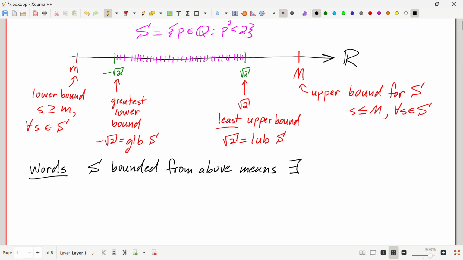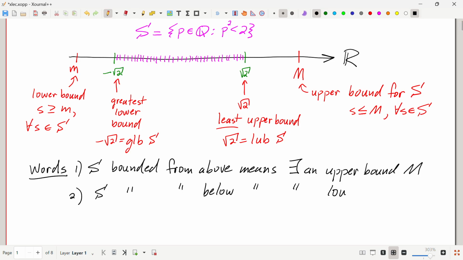So I'll use there exists an upper bound M. And of course, bounded from below, there exists a lower bound, little m.